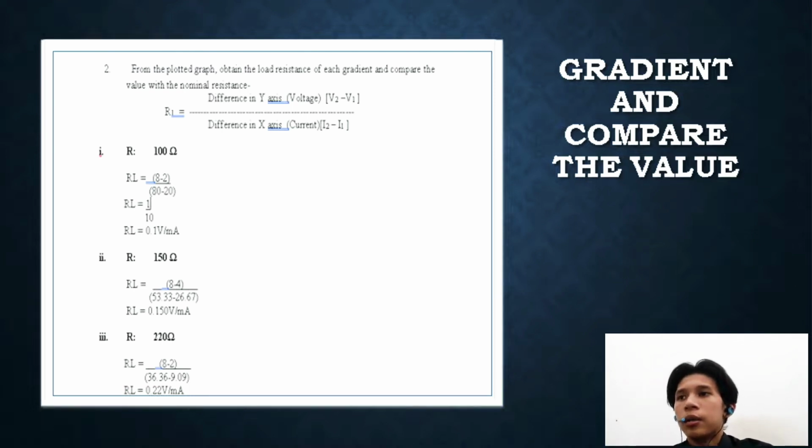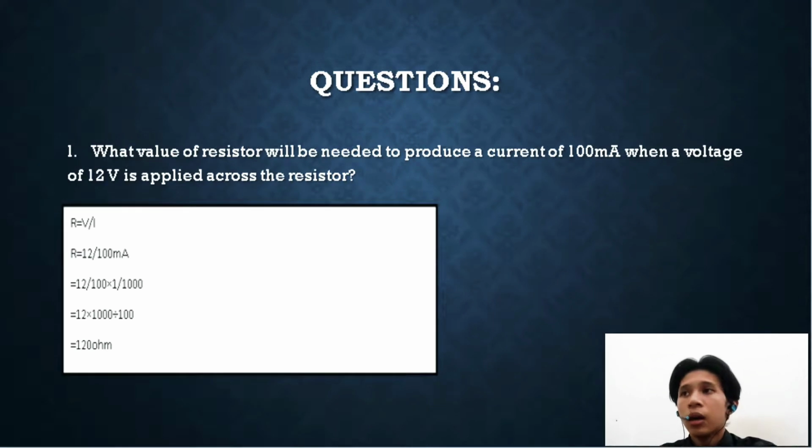For the 150 ohms, we get the RL is 0.150 V per mA. For 220 ohms, we get the RL is 0.22 V per mA.